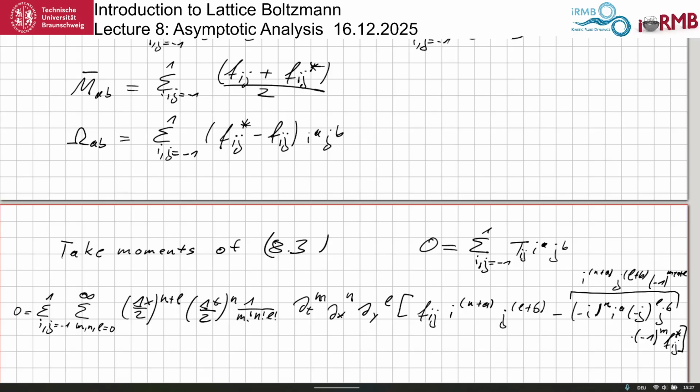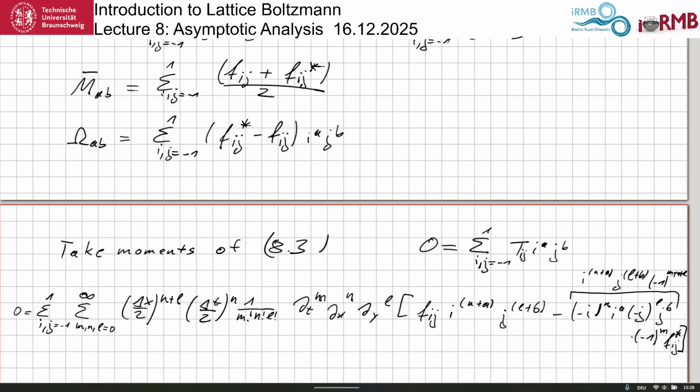It's not nicely written here, but I hope you understand. We take the minus 1 out and put it to the power m plus n plus l. So that would be the same thing. So far we have not really changed anything.